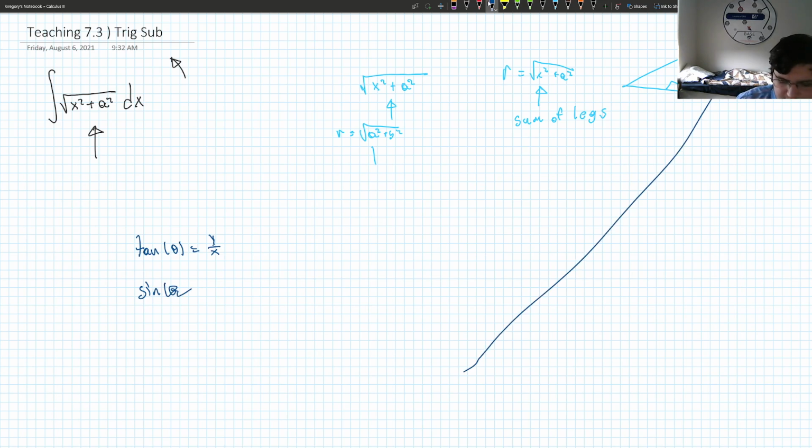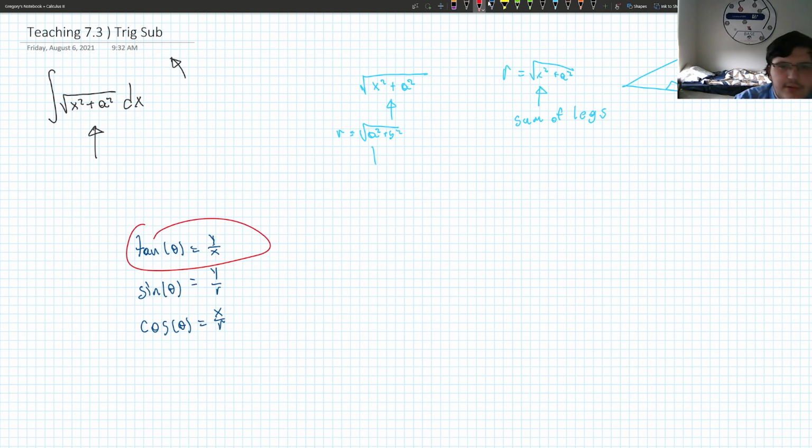I am sorry, this pen is kind of acting up, but I'll try my best to work with it here. So we have both legs here, so we're probably going to end up using tangent here.